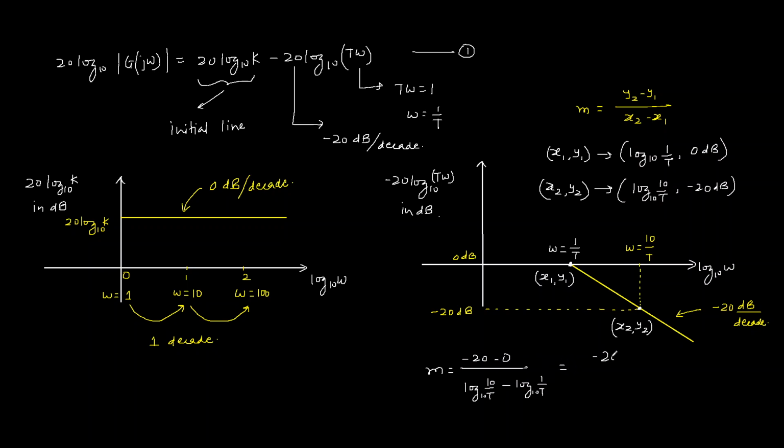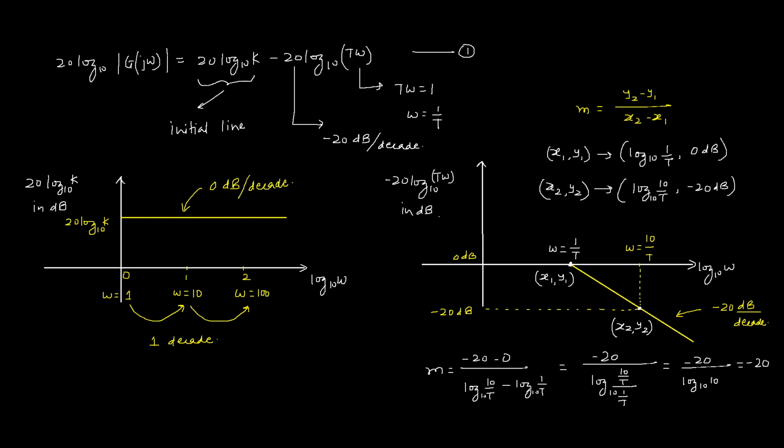So numerator is minus 20. Here we have log a minus log b, and log a minus log b is log a by b. So I will write log 10 by t over 1 by t base 10. So these two t's are cancelled out. So minus 20 over log 10 base 10, and the value of log 10 base 10 is 1.